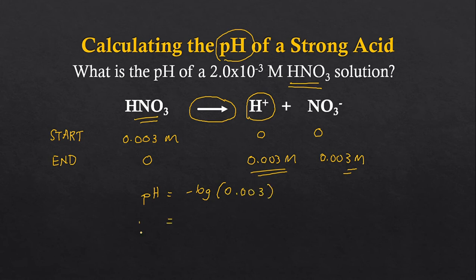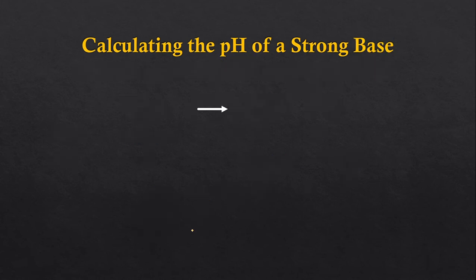Calculate natin, negative logarithm of 0.003, ang pH natin ay 2.52 or 2.5 ang ating pH. Ganun lang kasimple ang pag-compute ng pH ng isang strong acid. Okay, next. How about calculating the pH of a strong base?